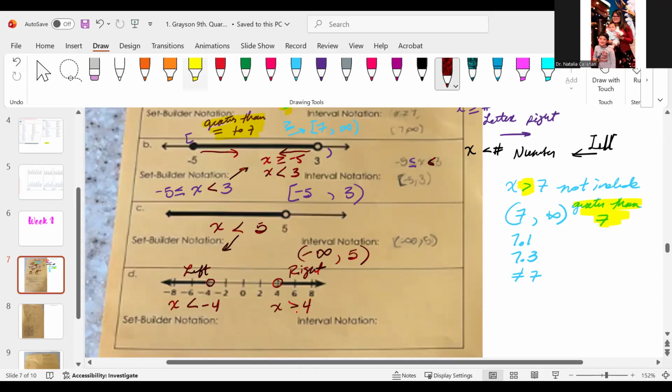If you put that together, x is going to be in the middle, negative 4 here, 4 here. Do you see how I just put those together? Okay. And then interval notation will be from negative infinity to negative 4, and then 4 to infinity, like that.